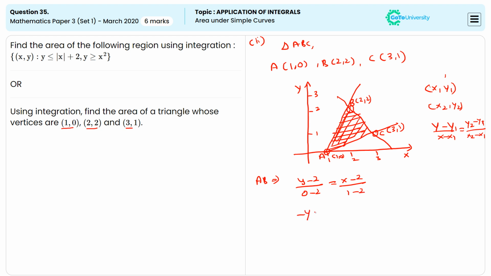Here we have minus y plus 2 equal to minus 2x plus 4, and 2x minus y equal to 2, so we can write 2x minus 2 equal to y. So the equation of line segment AB is y equal to 2x minus 2.